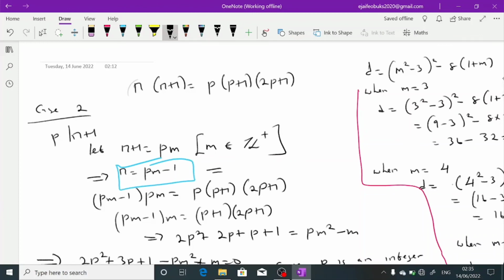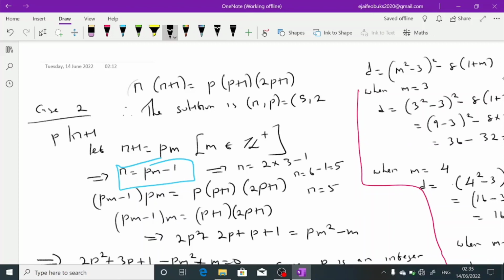So this means that p is 2 and m is 3. n is 6 minus 1, that is 5. So n is 5. Therefore the only solution (n, p) equals (5, 2). And this actually does work. So I'm going to put it in blue now so you can see it.